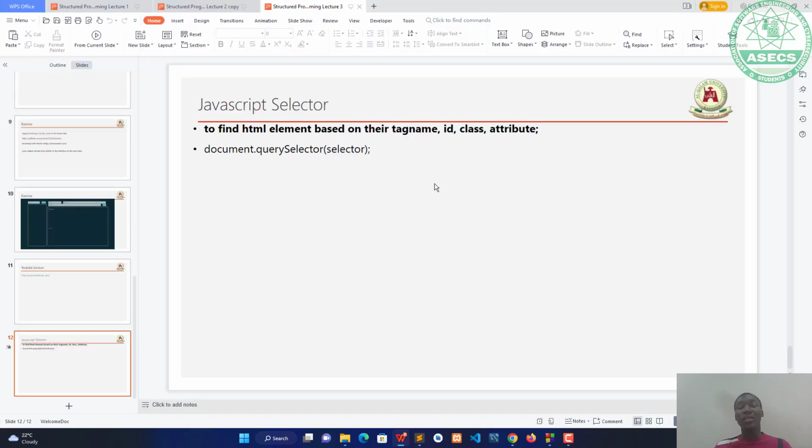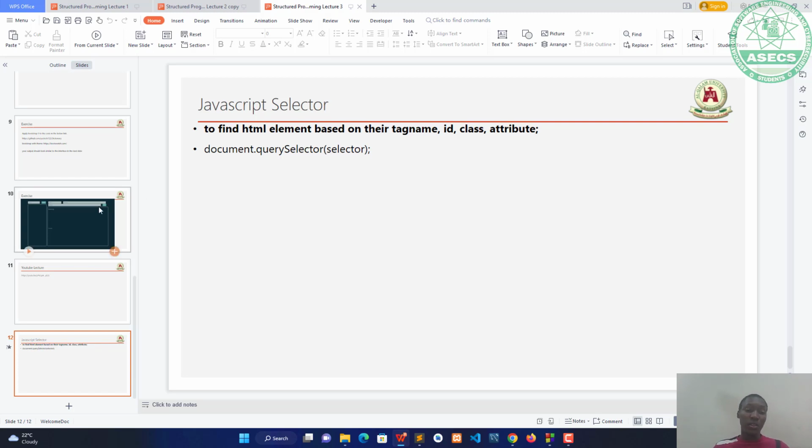So in JavaScript you should just say document.querySelector with button inside double quotes. If it is by ID, you can just pass the hash together with the selector name, and for a class name, a dot. So we have multiple ways of selecting HTML elements using JavaScript selectors.